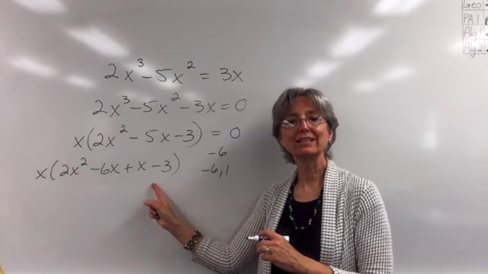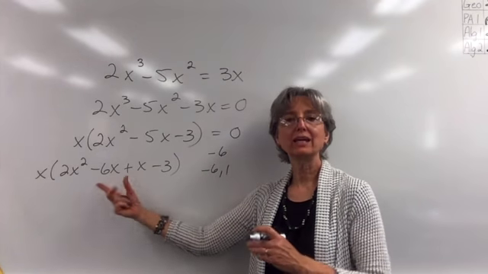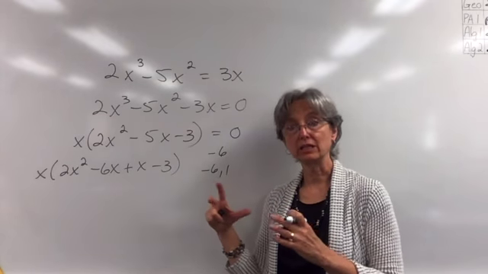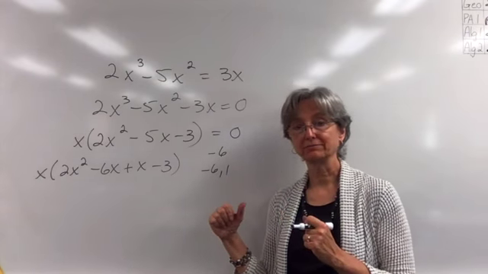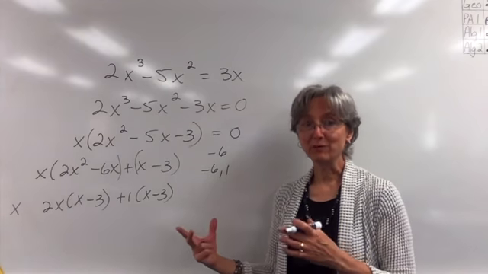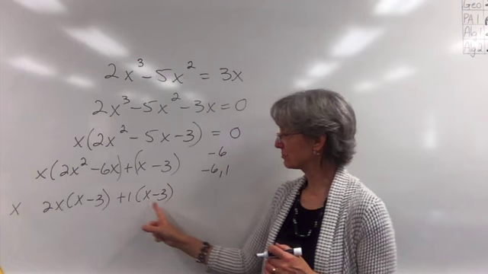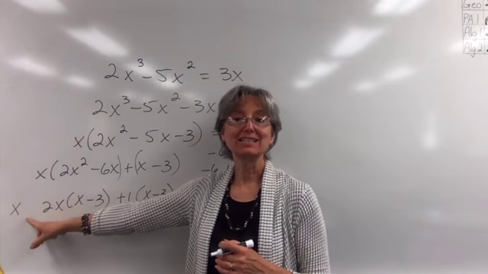Okay, I've rewritten it, splitting that middle term. Now I'm going to divide it in half and factor out each half. Okay, I've done that, and from that, there's my factors. 2x plus 1 times x minus 3 plus this x over here.